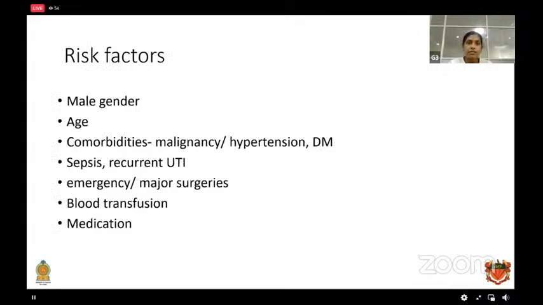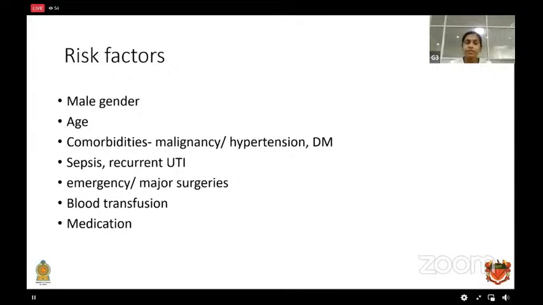And then we'll go through the risk factors. There are a lot of risk factors, but I just highlight important and common ones. Some of them you can't modify, right? Gender and age, especially with age, the kidney residual volume is anyway reduced.